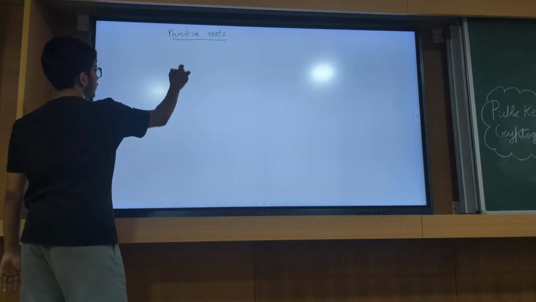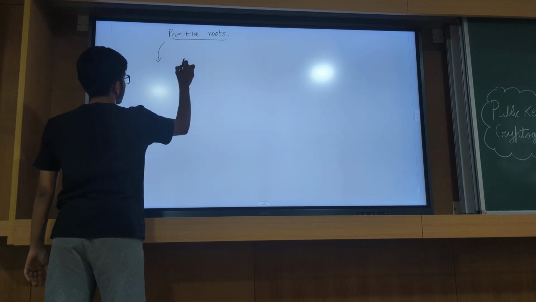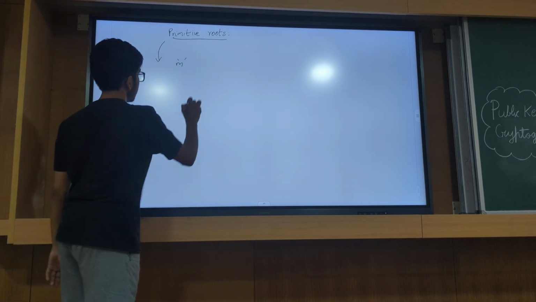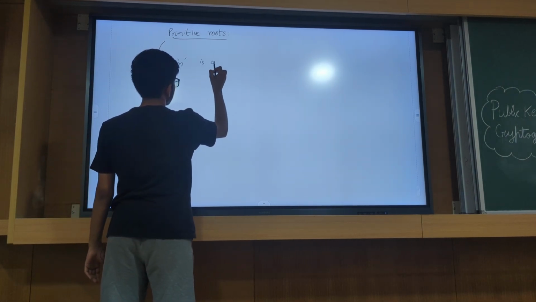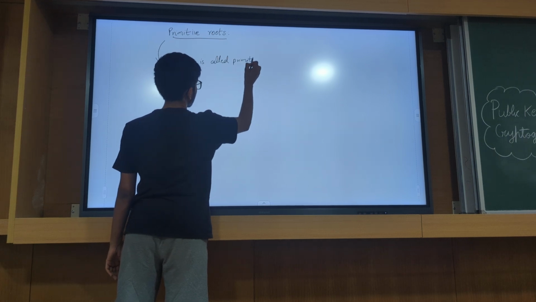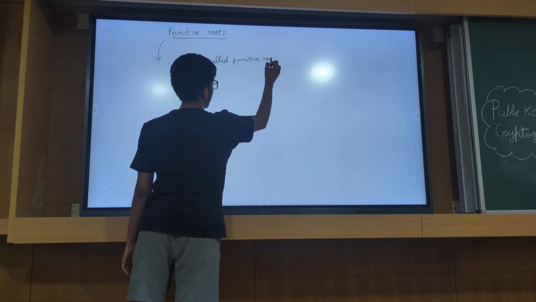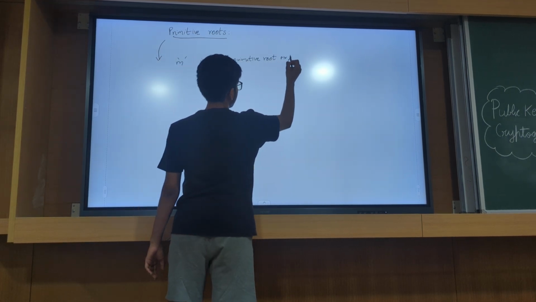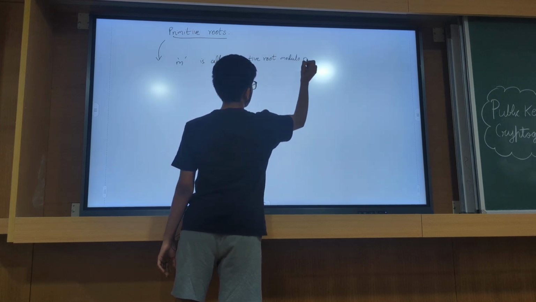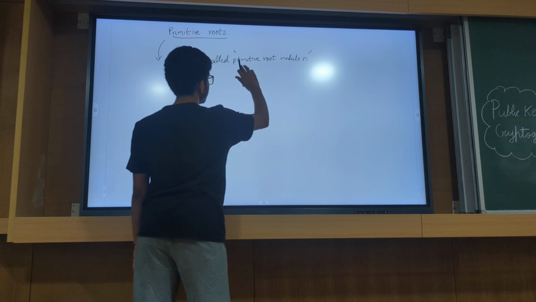So this is just a simple definition. A number M is called a primitive root modulo n. This is just a name, primitive root modulo n is just a name.